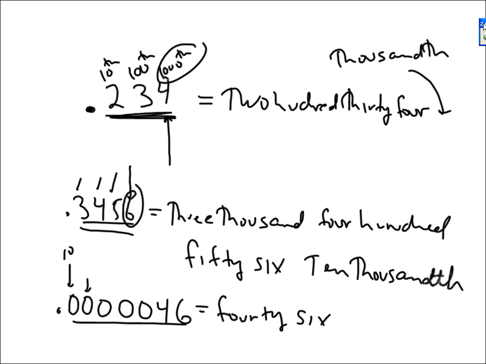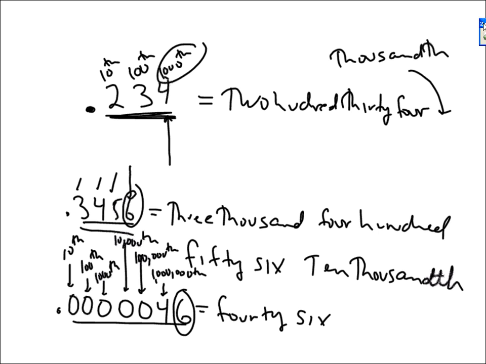Tenths, hundredths, thousandths, 10,000ths, hundred thousandths, millionths, and that's going to be the 10 millionths. 46, 10 millionths.